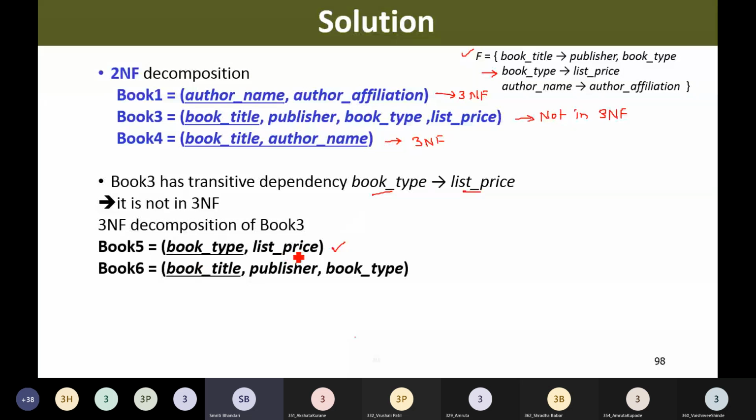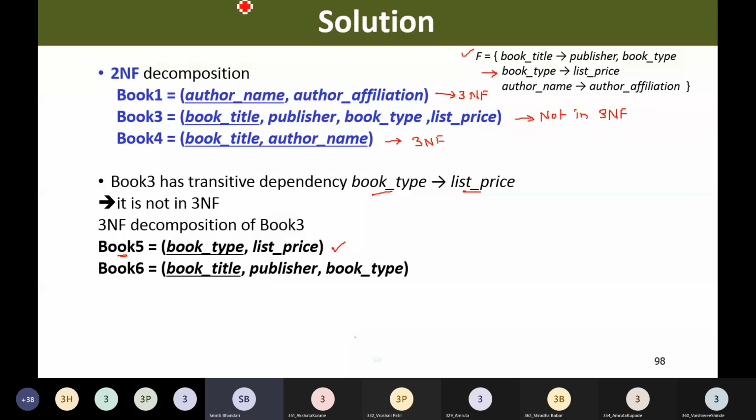So book 5 consists of these two attributes, book type and list price. Obviously book type determines list price, so book type will be the primary key for book 5.